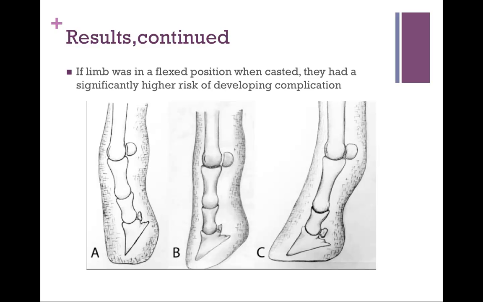They also noticed that how the limb was positioned in the cast had an effect. In the picture, A and C are flexed positions, where B is a neutral position. This means that the positions A and C are more likely to develop complications.